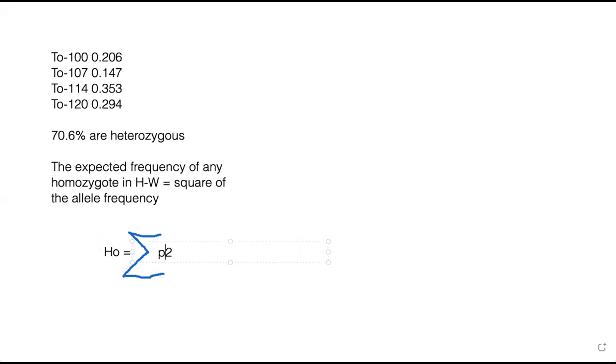So if we have allele frequencies P1, P2, okay, I can't do subscript. You know what? I'm going to write this since I can't type it.